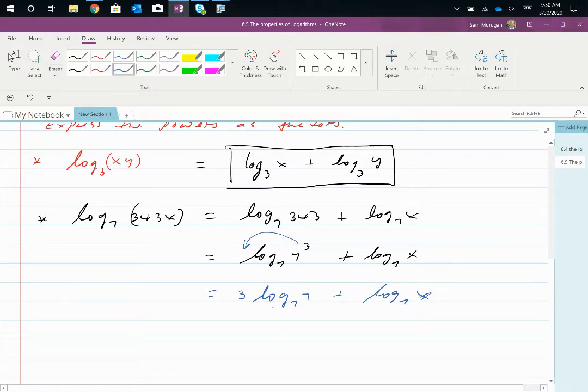Remember, the property says if the log and the base are the same, it's equal to 1. So the solution is 3 plus log base 7 of x.